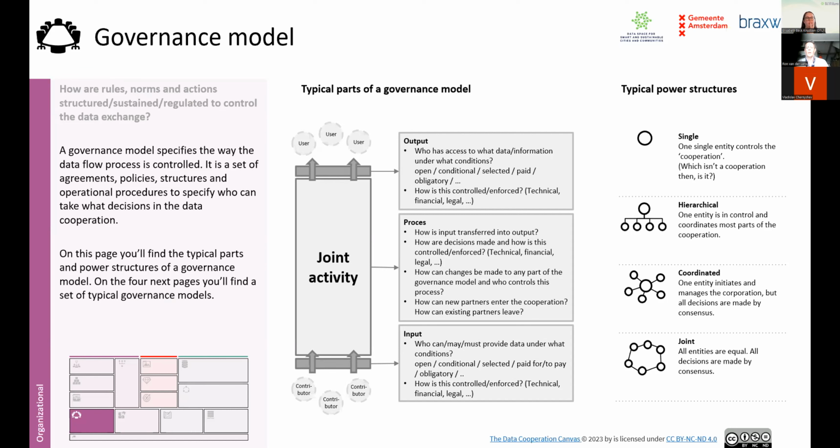How can the changes be done, and how can you be a member of this data cooperation, and is it possible to leave, and under which terms? So this describes what the functionality of the data cooperation actually does with the data and what services it provides to the users.